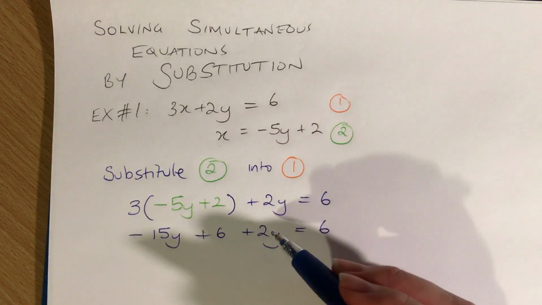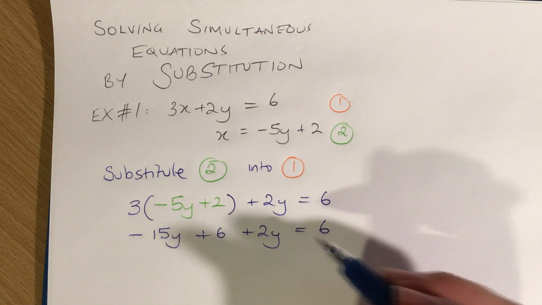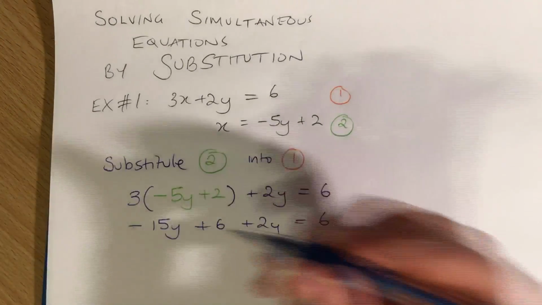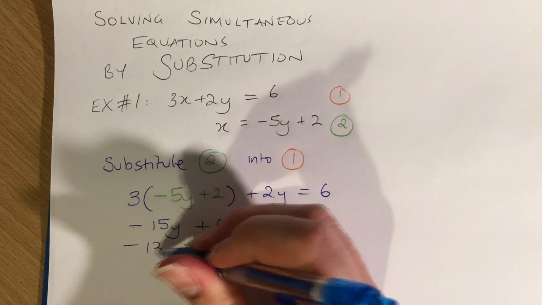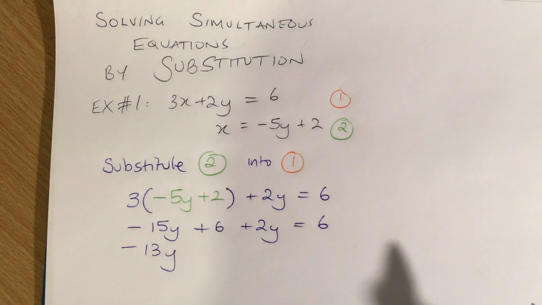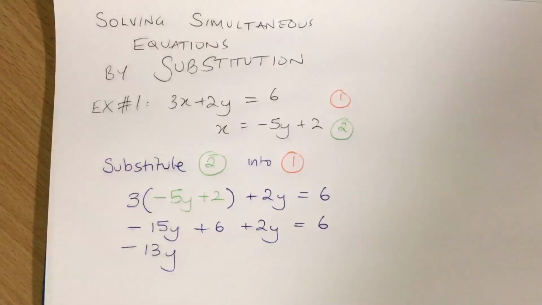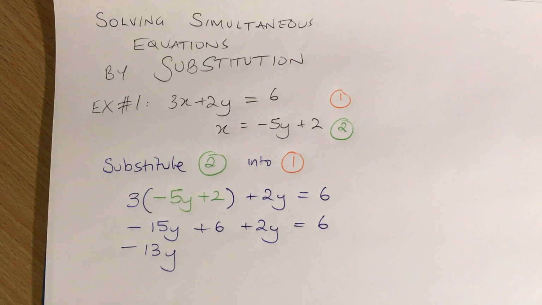Negative 15y plus 2y gets us negative 13y. Pause for effect.